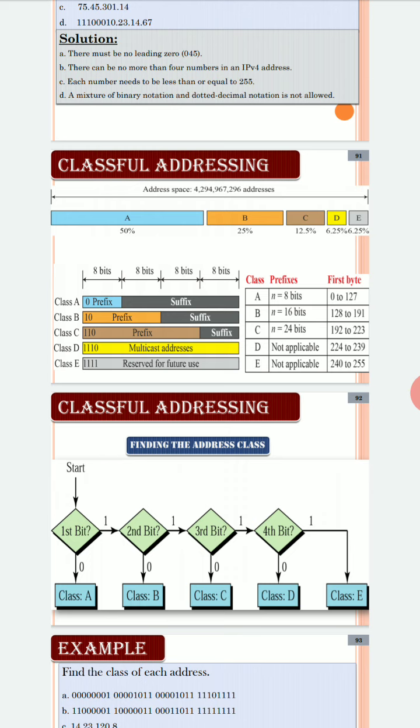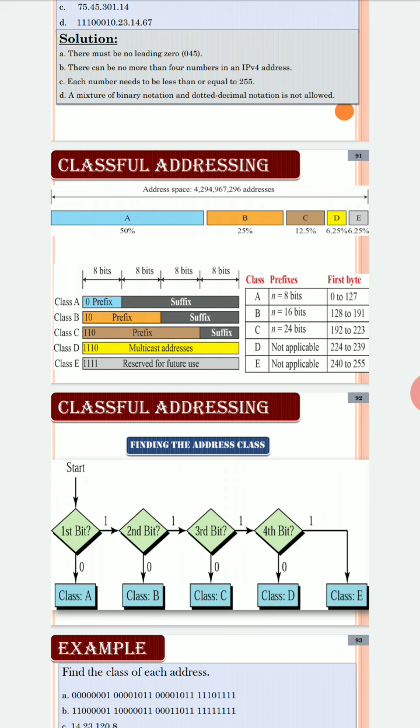Since it has an 8-bit prefix and the first bit is 0, we have only 7 bits to represent the network identifier. So we have 2 to the power of 7, that is 128 networks, in class A.